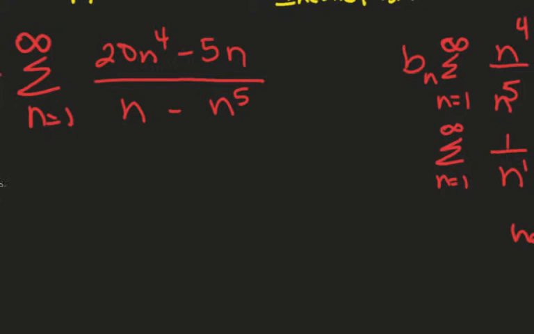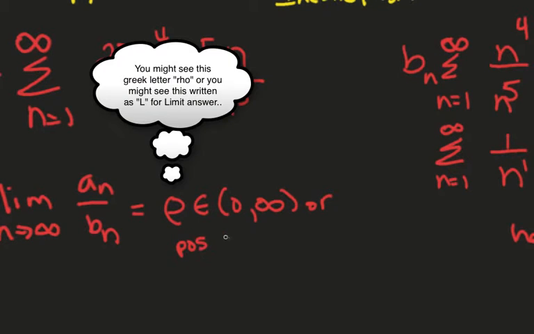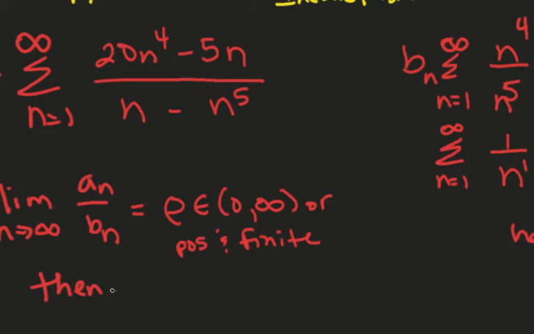So when you do the limit, go ahead. If the answer to this limit, which they call rho, is an element of 0 to infinity, or another way of saying it is it's positive and finite, then A sub n behaves just like B sub n.